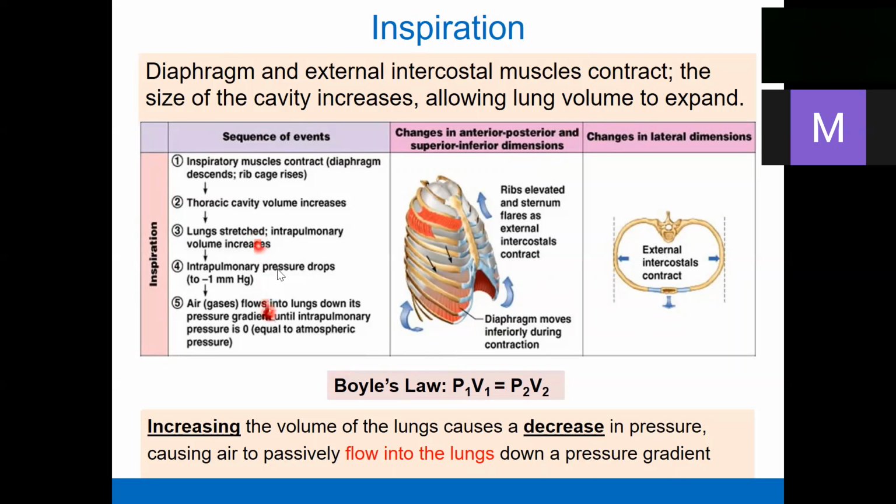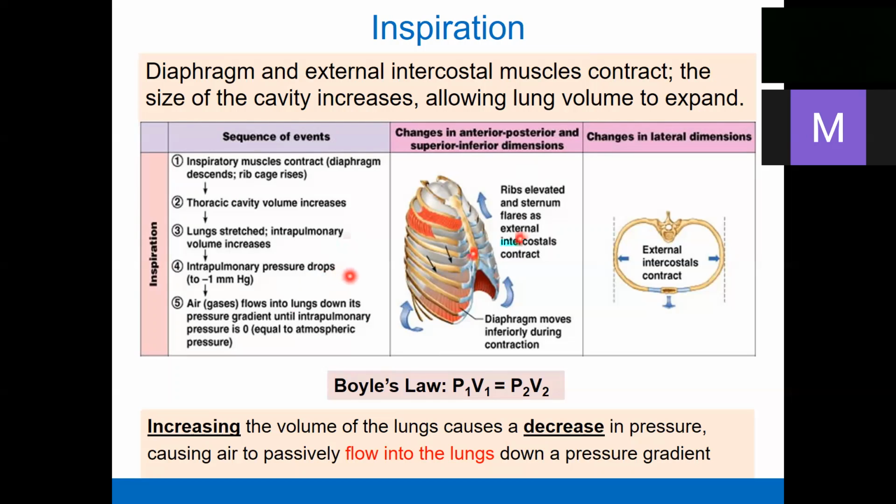If you go through the steps of inspiration, as you see, first the muscles contract, the diaphragm descends and the rib cage rises, which results in thoracic cavity volume increasing, and the lung, by the way, is stretched and intrapulmonary volume increases, okay. Intrapulmonary pressure will decrease, okay, below zero, okay.